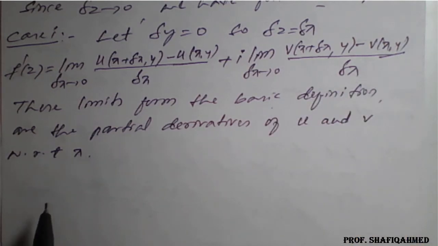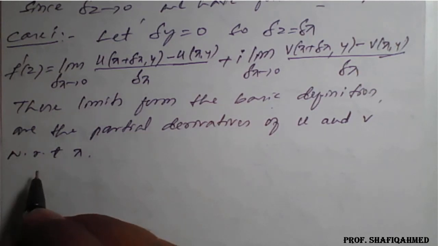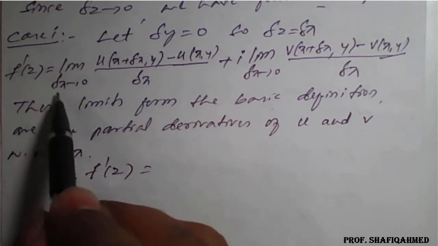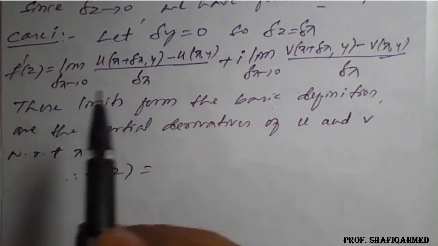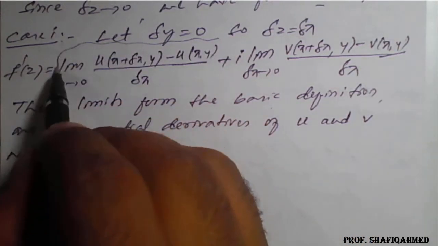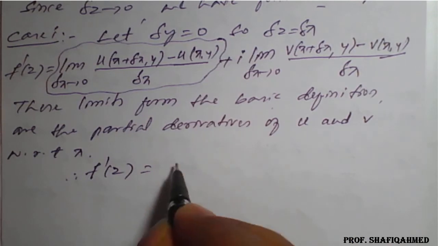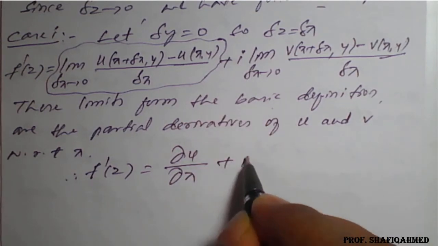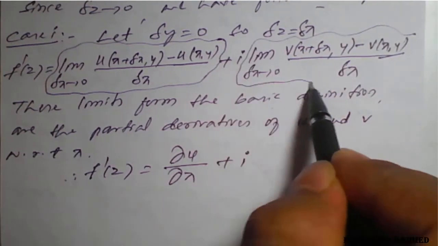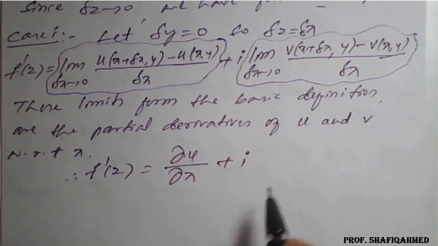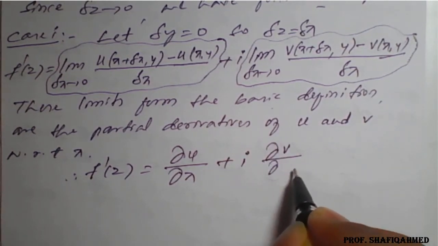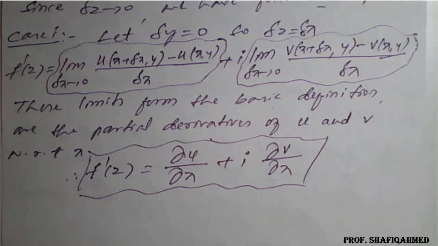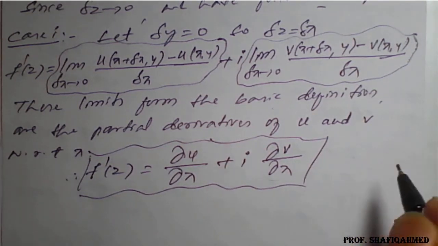Therefore we can write f dash of z is equal to the first term, dou u by dou x, plus I as it is, and the second term is dou v by dou x. And we'll give this as equation number 2.